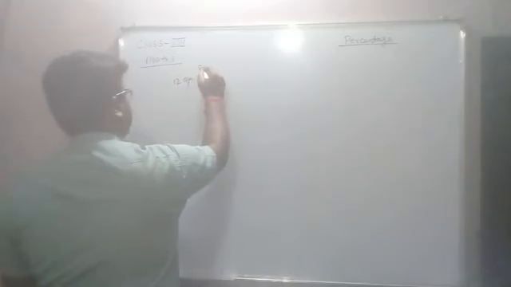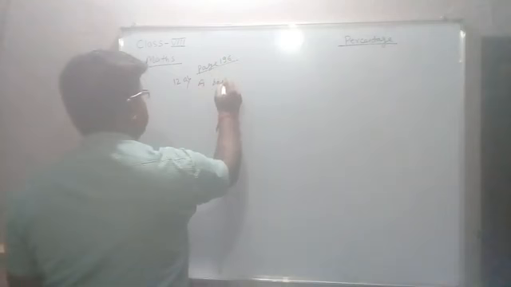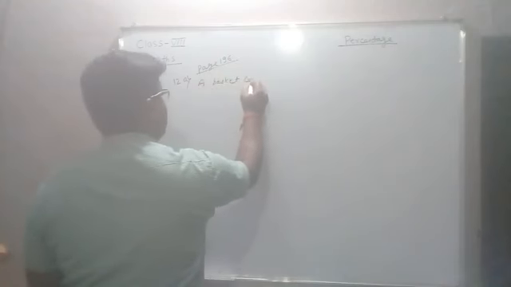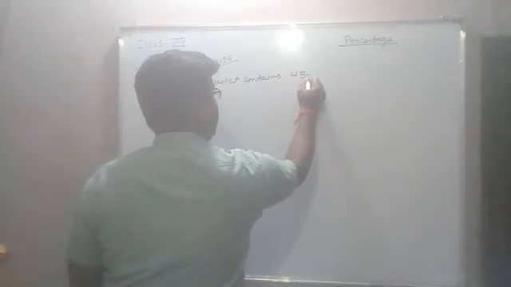Our question is question number 12A, page number 196 from your textbook. A basket contains 450 eggs. If 8% of the eggs are rotten, find the number of good eggs. So our question is, a basket contains 450 eggs.